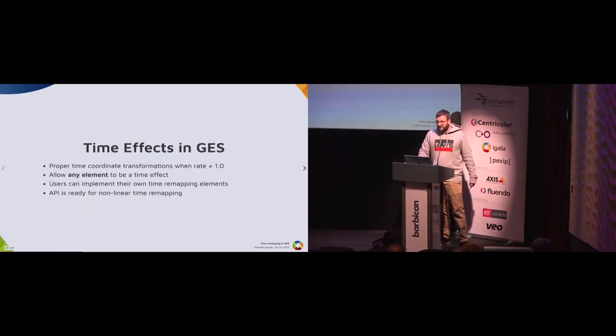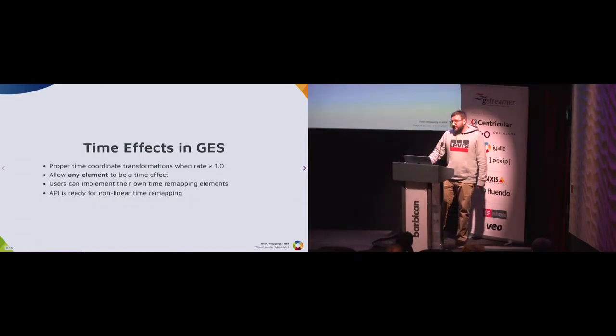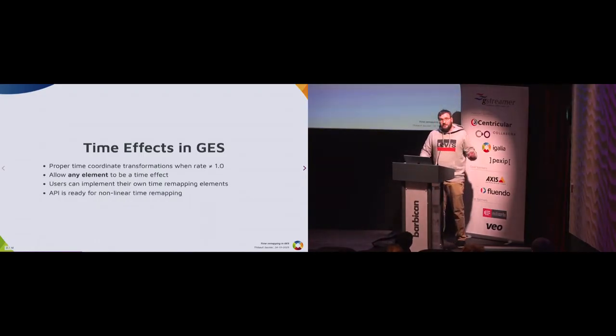So time effects in GES, as I was mentioning before, the architecture role definition was started in 2020. And the key design goal was flexibility. What we wanted is to allow any element to be a time effect, avoiding locking users onto specific built-in elements. GES provides the API for users to declare elements as time effects, and GES handles the coordinate conversions automatically.